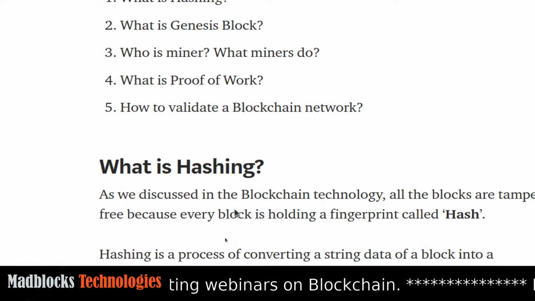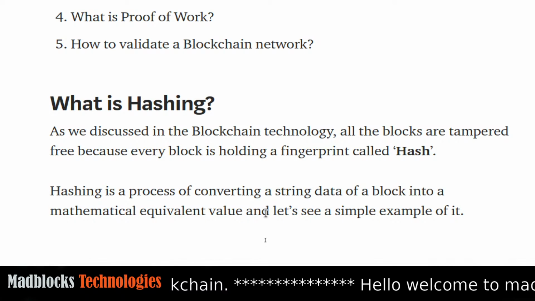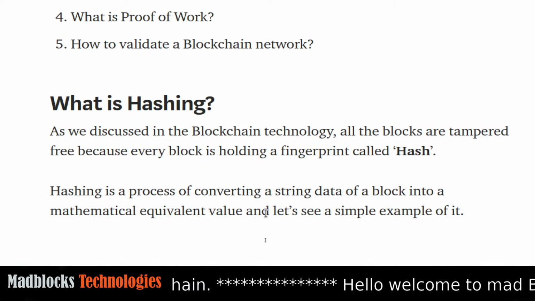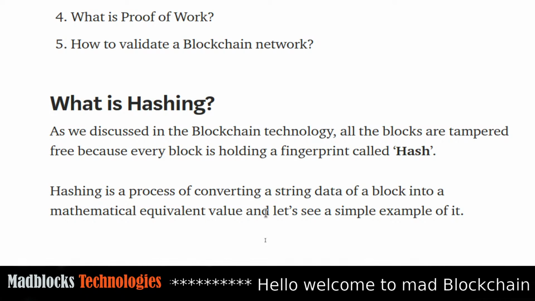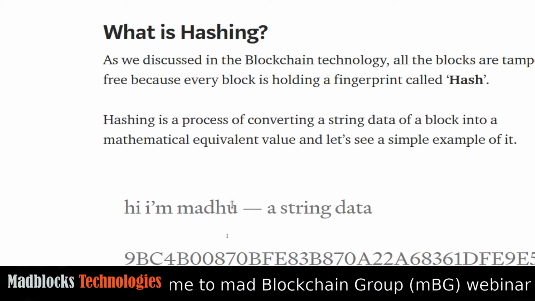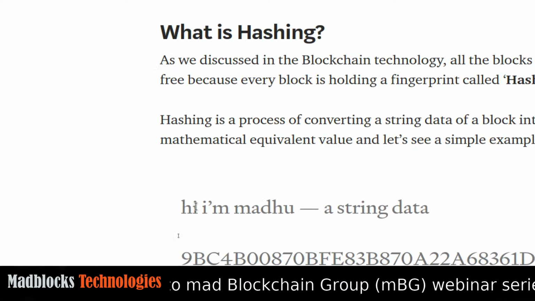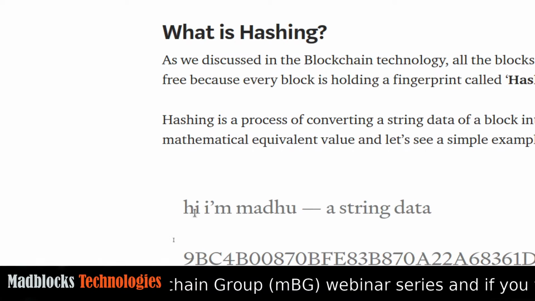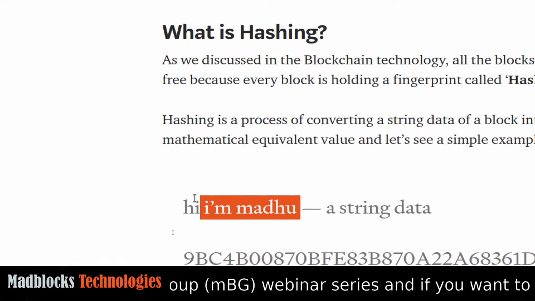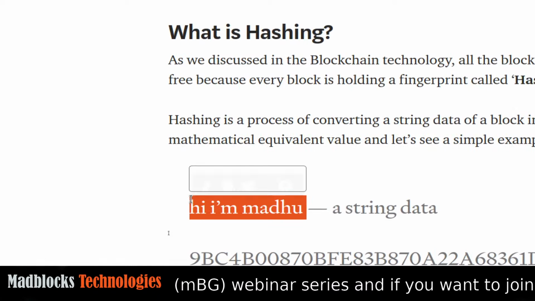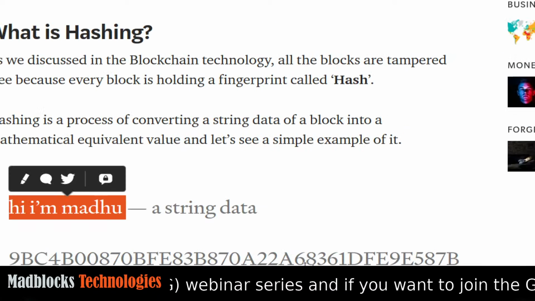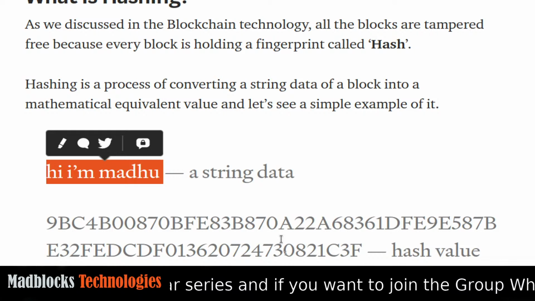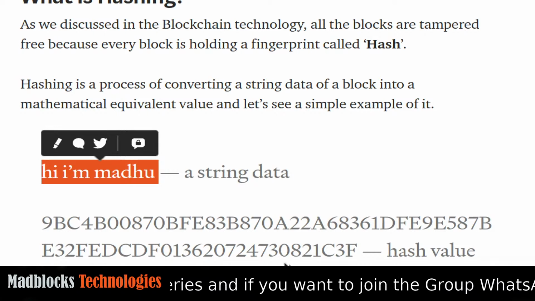Hashing is a process of convoluted value. So say your data is, "Hi, I'm Madhu." Here, between I and m there is a single quotation. So this is string data which I wanted to write onto the blockchain. Then immediately I have generated a hash value. I'll let you know how to generate this hash value.